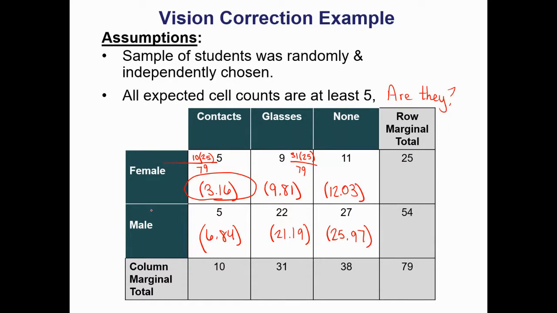Gender is dependent on whether a person needs eye correction. That's right. Yeah, there wouldn't be any two populations that we're comparing, and we would be back to what we did on Friday with just one population. So we have to combine columns, and then it wouldn't make sense to combine contacts with none. So contacts and glasses need to combine.